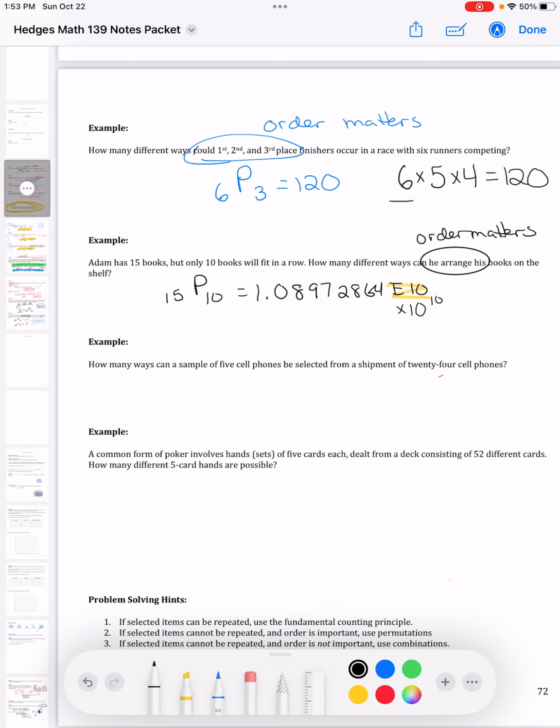That 10 is the exponent there. It means we're going to move our decimal place over 10 times. So my decimal's right here. 1, 2, 3, 4, 5, 6, 7, 8. And then 9, 10. So anything extra is going to get filled in with a 0. So those are 2 extra zeros. So that's my answer.